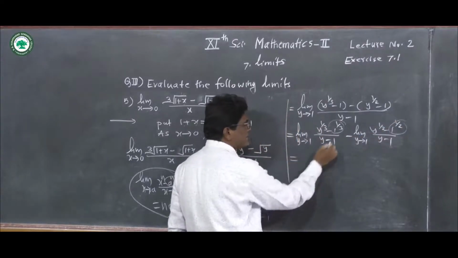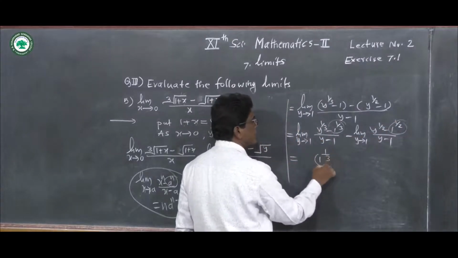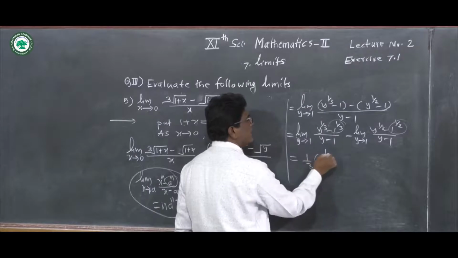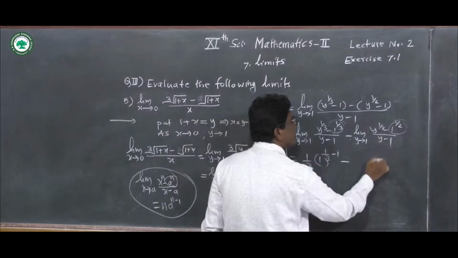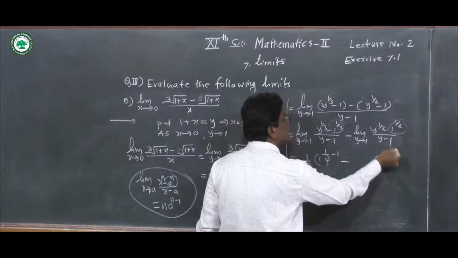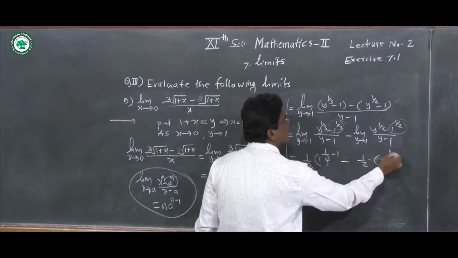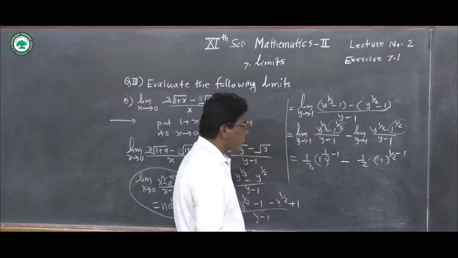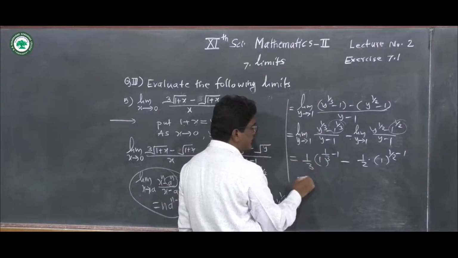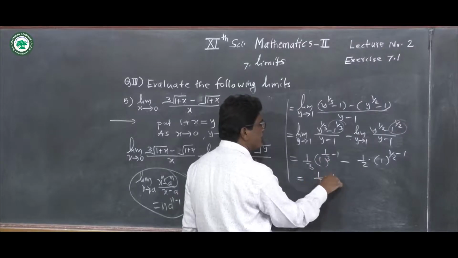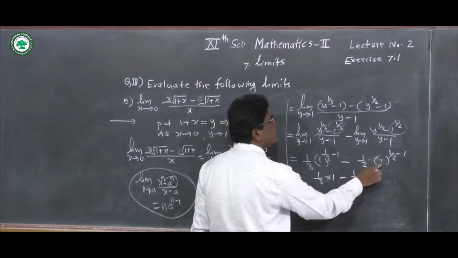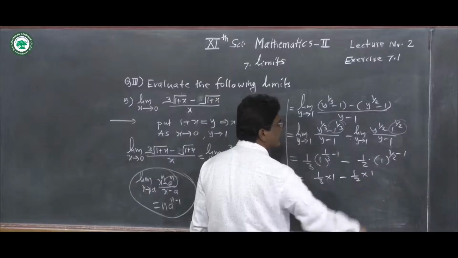Here we write 1 to the power 1 by 3, take here minus 1. Now this minus sign, here 1 to the power 1 half, take here this 1 half, and 1 half minus 1. Now 1 to the power anything is 1. So 1 by 3 into 1 minus 1 half into 1 to the power anything, that is 1.